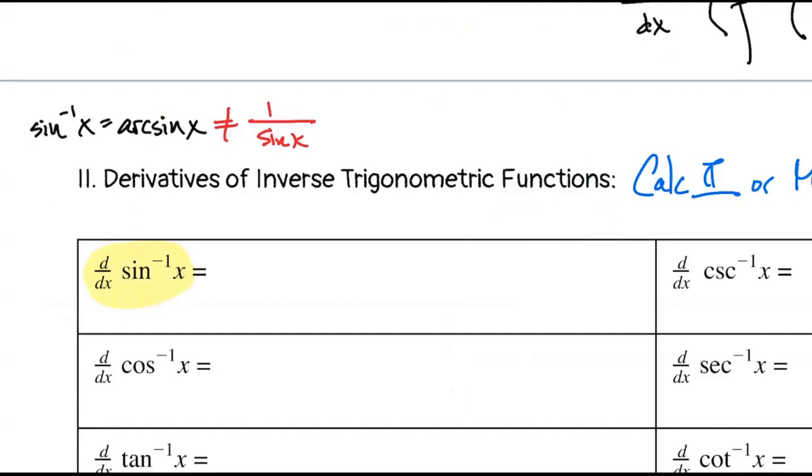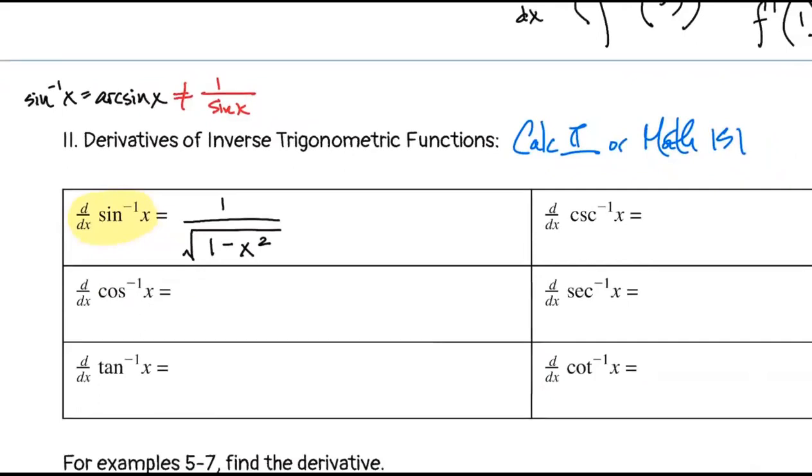It turns out that the derivative of inverse sine is 1 over the square root of 1 minus x squared. Okay.